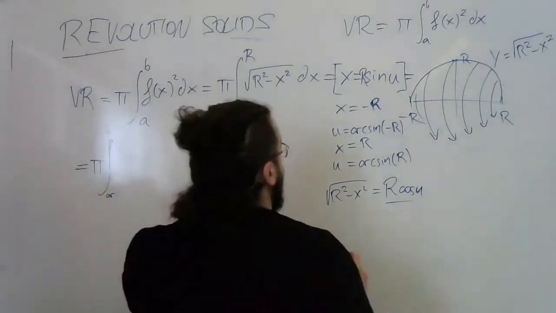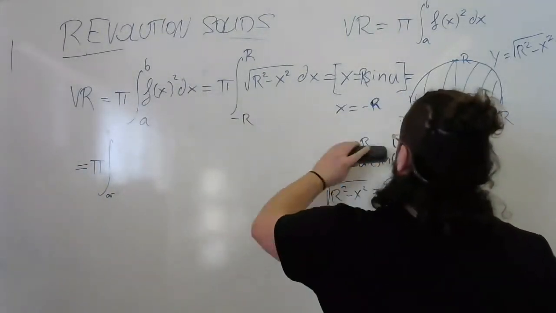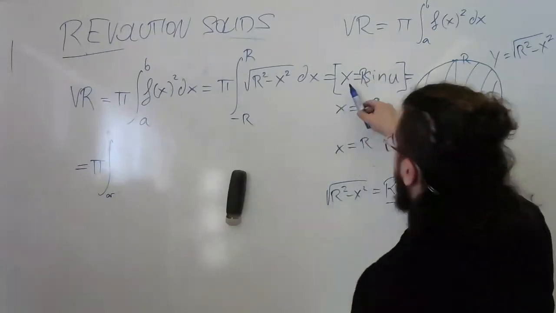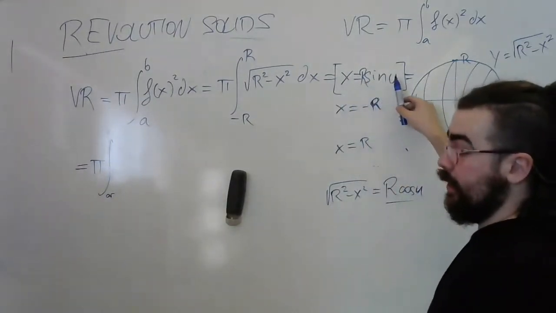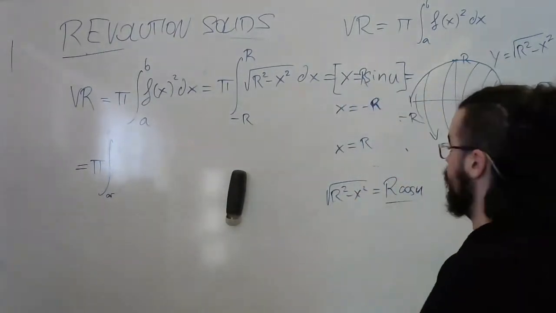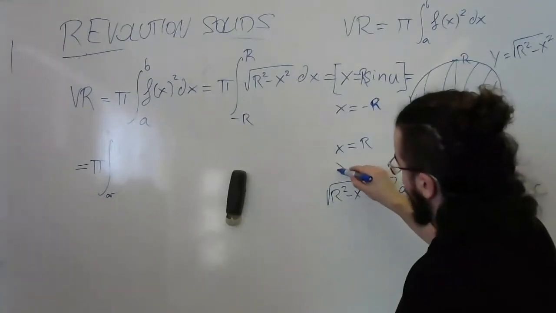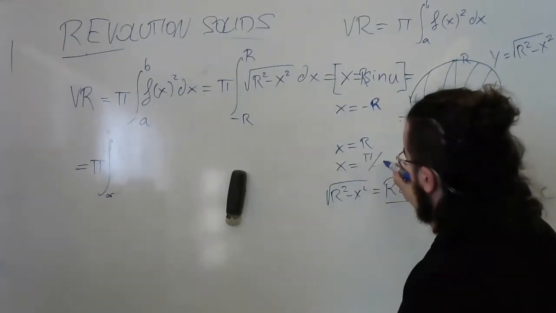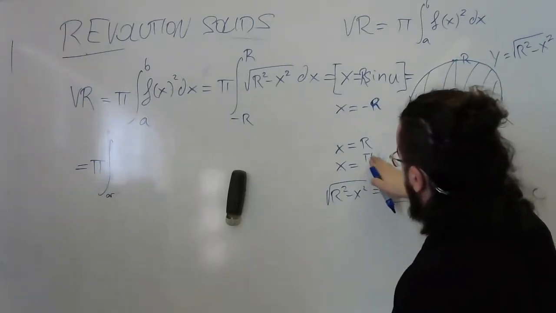Sorry, I have to do a small fix here. If x equals r, it means the sine of u is 1. So u is pi over 2.